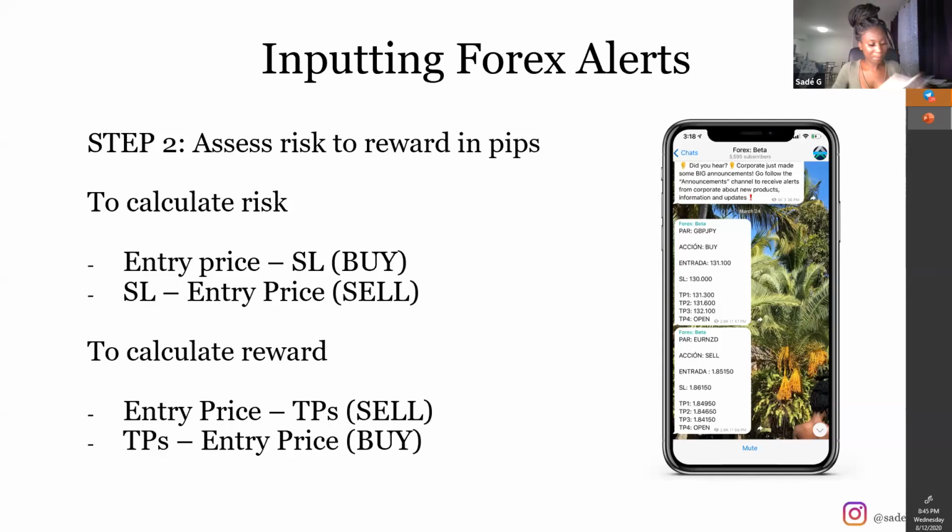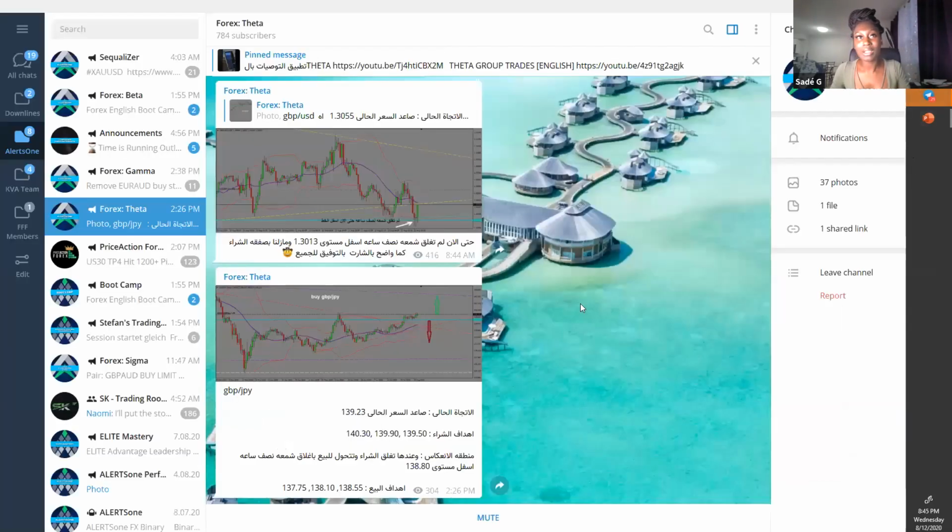Nobody has gotten it yet? Or are you guys just shy? Lethan says he's shy. Okay, so I'll put it back. Hopefully you guys have this written down, so you know what to do to calculate your risk to reward. All right, so here's the numbers again.